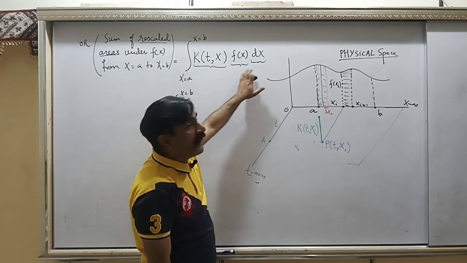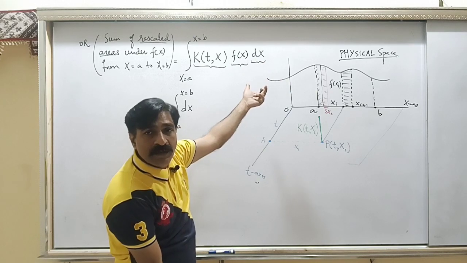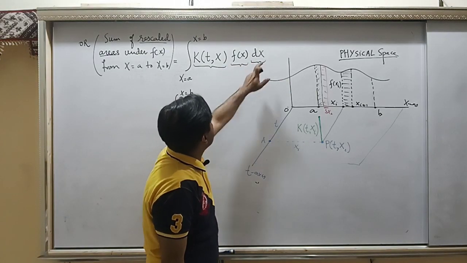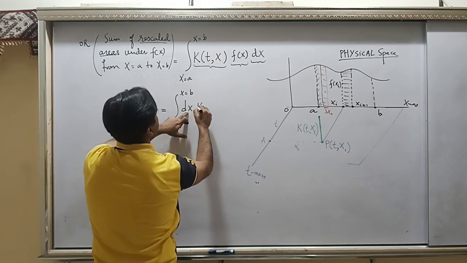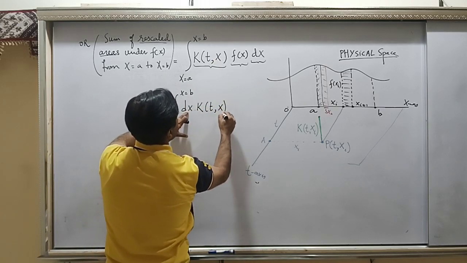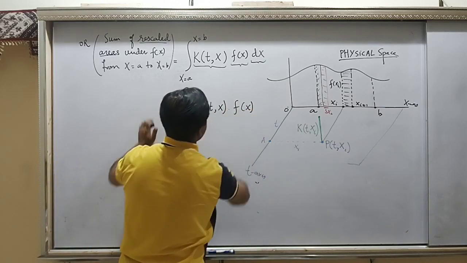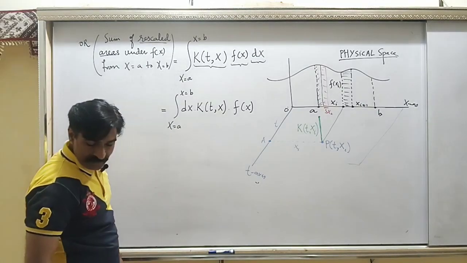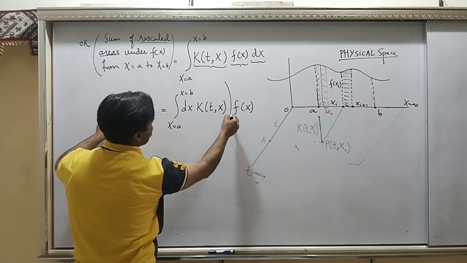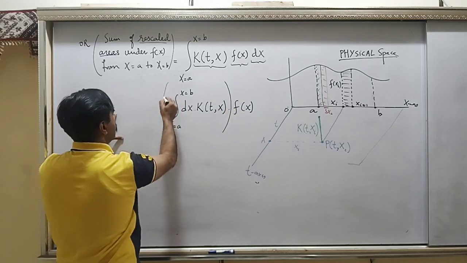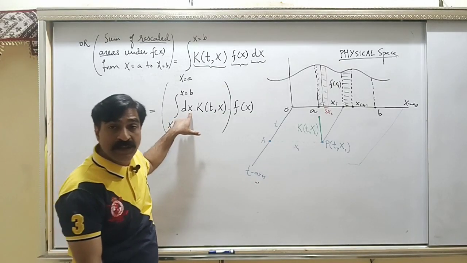So be these three real numbers or be these three complex numbers, they commute. And because of this I am taking dx in the first position, and then k, then dx, and then f(x), right? And if you look carefully, this thing contains dx, the differential.